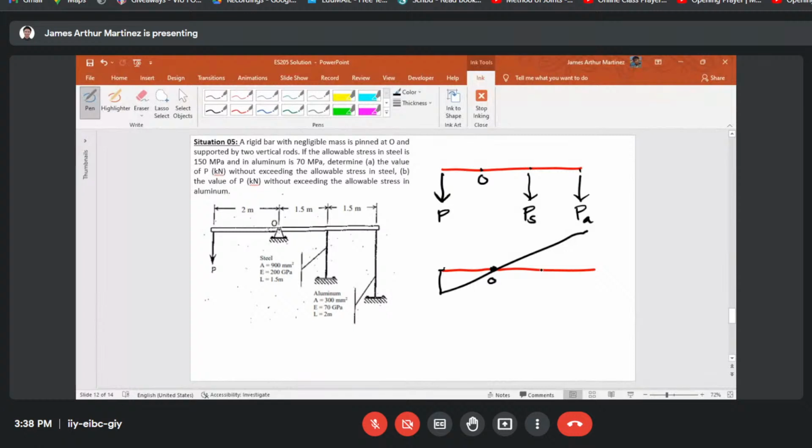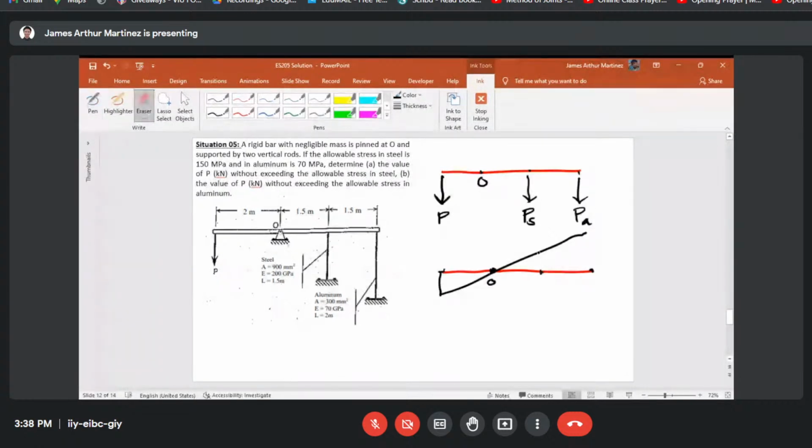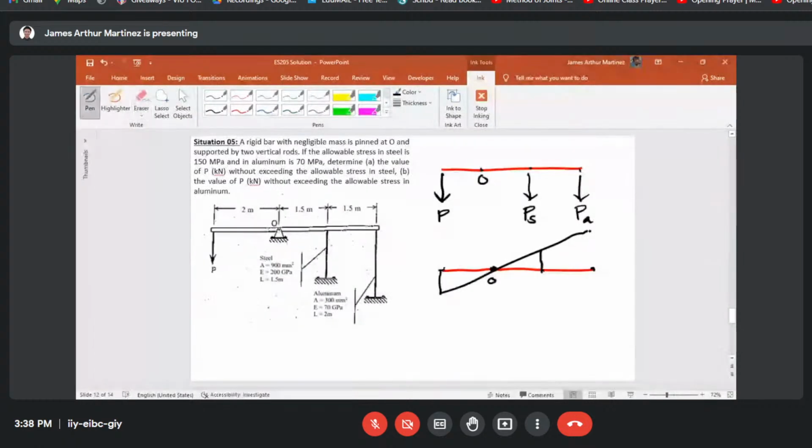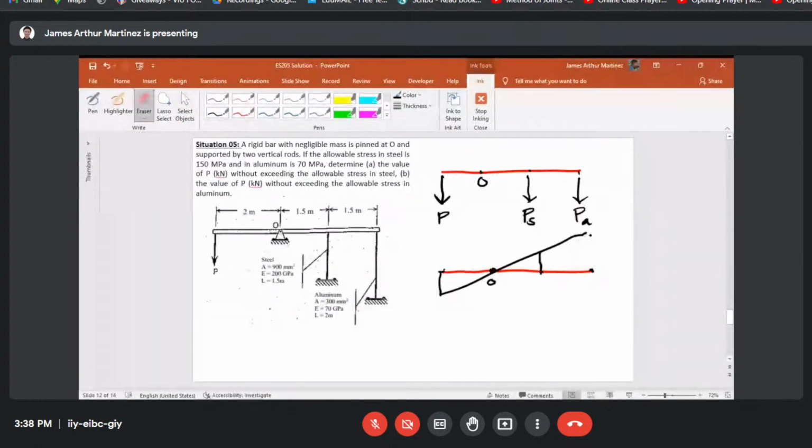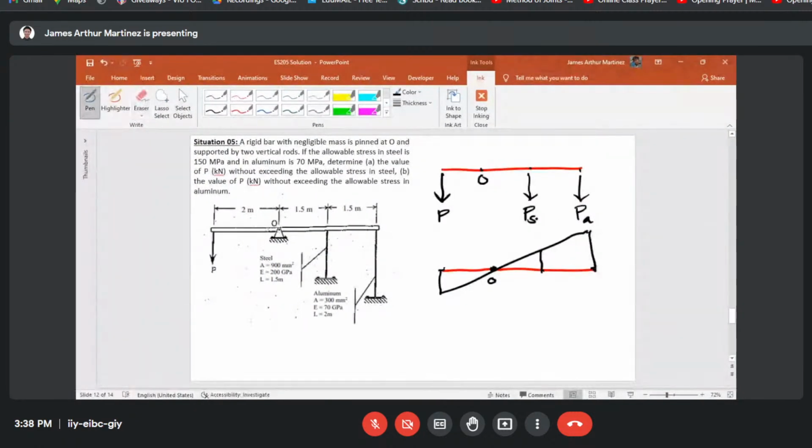So, si PS, no? Diri man originally ang point ni PS and also point of support ni PA. So, mag-bend or mag-kiling sila class, no? So, there will be deformation. Ma-deform ang structure, or in this case, ma-elongate ang material. So, it will have this elongation or deformation. And atong i-label as deformation of steel and deformation of aluminum.